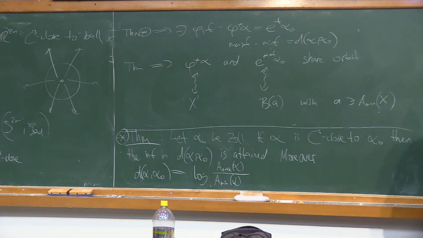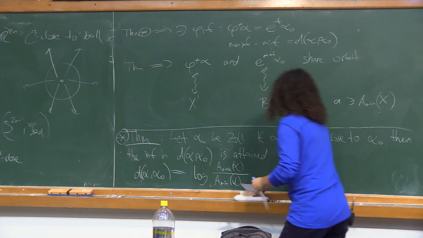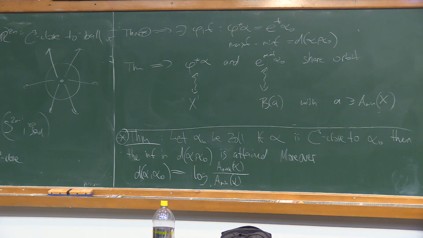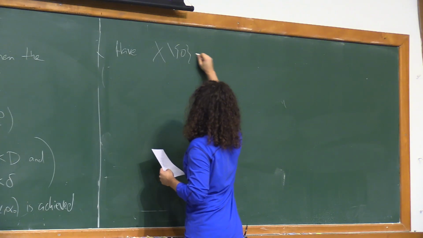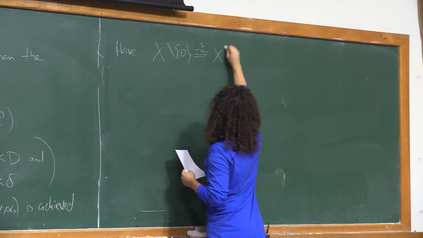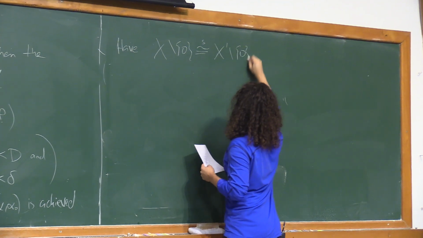And now we are essentially almost done. So we certainly have that x minus the origin is symplectomorphic to x prime minus the origin, right?